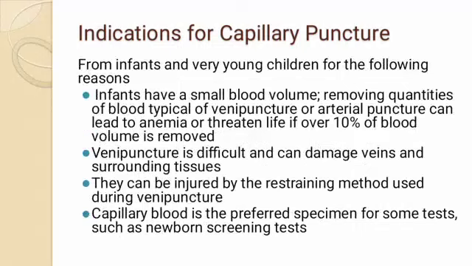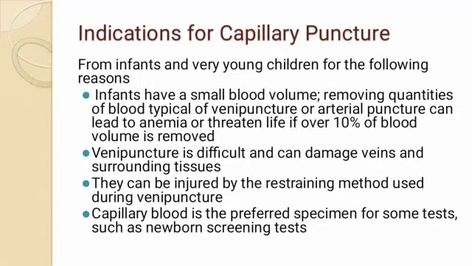Indication for infants and very young children. Infants have a small blood volume. Removing quantities of blood typical of vein punctures or arterial punctures can lead to anemia or threaten life if over 10% of blood volume is removed.